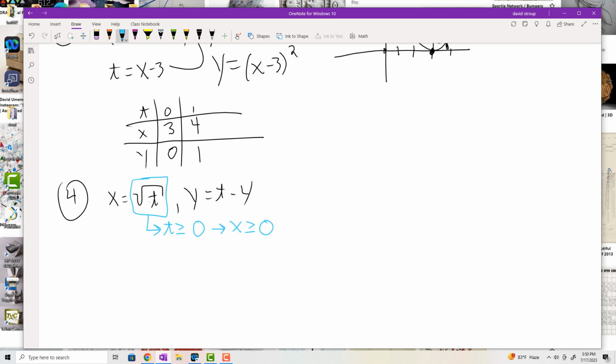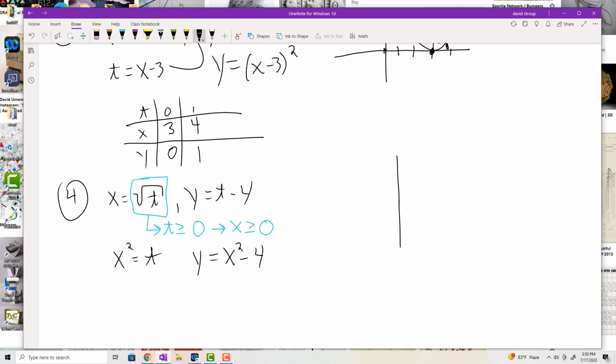All right, so I'm going to eliminate the parameter again. I'm going to square both sides of the x, and I get x squared equals t. So x squared equals t, and then stuff that into the other equation. It'll be y equals t, which is x squared, so x squared minus 4.